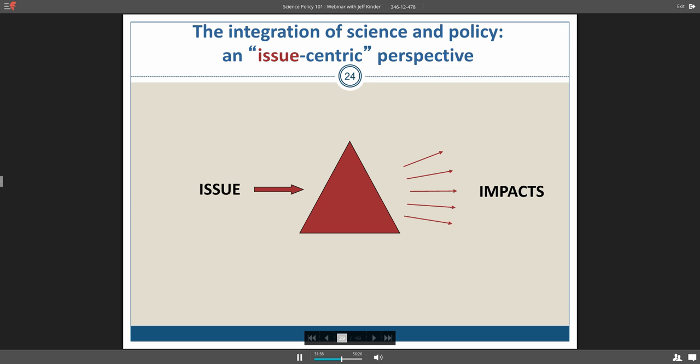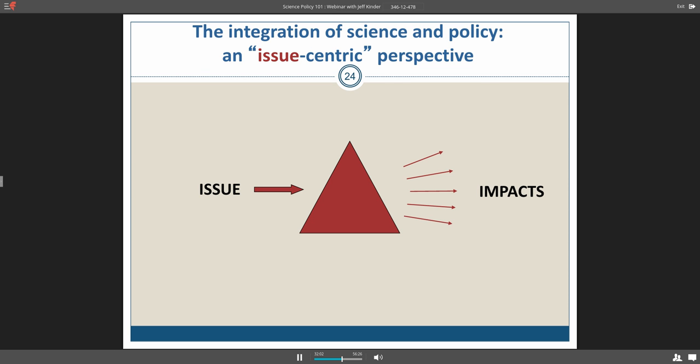So perhaps a better way of thinking about how science and policy interact, or at least how the policy making process works, and then how science has to deal with that, is taking more of an issue-centric perspective. And based on many interactions with policy people over the years, this model does seem to resonate.